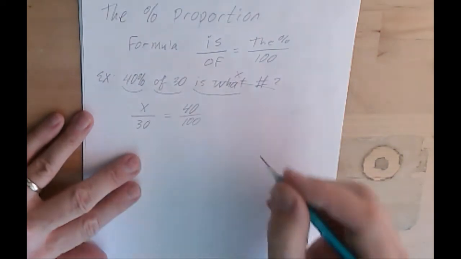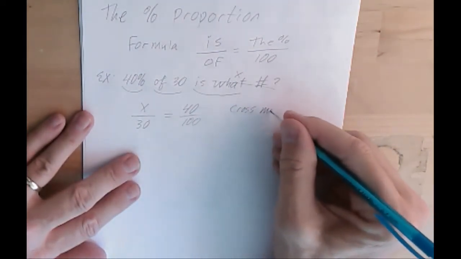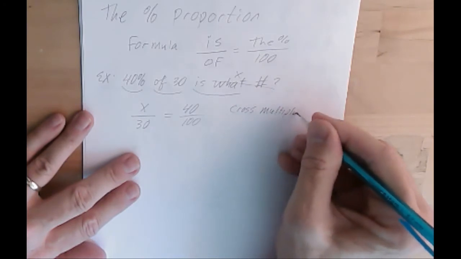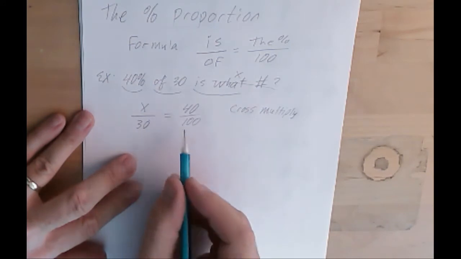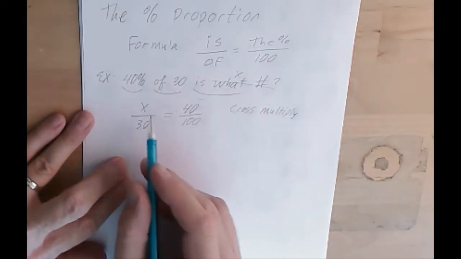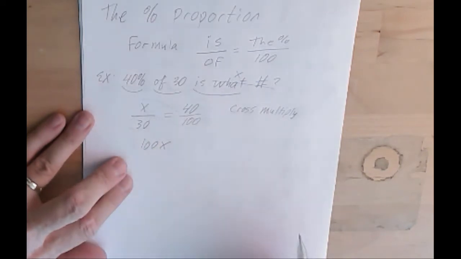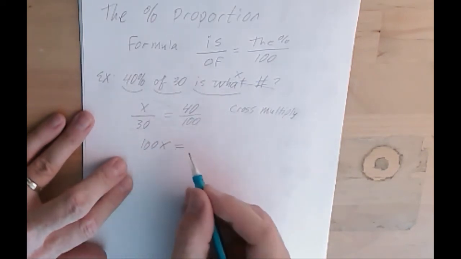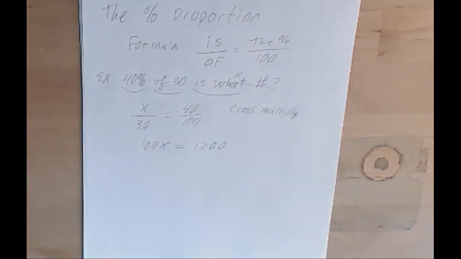So next, we cross multiply. X times 100, which is 100x, equals 1200.